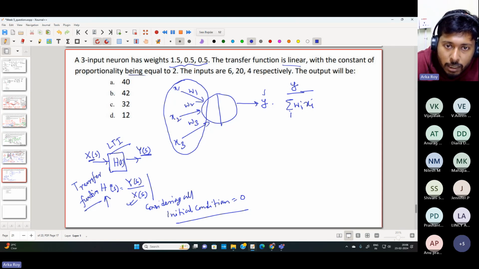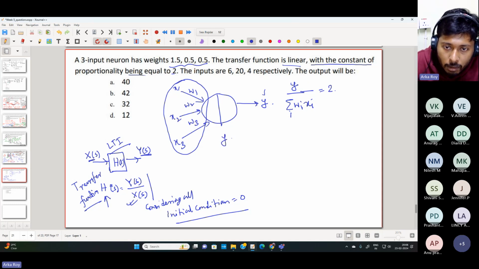Input is basically the linear combination of these inputs, that is W1 x1, W2 x2 and W3 x3. And they have said that with a proportionality constant being 2. So if you take the ratio of these two, you will get a proportionality constant 2.